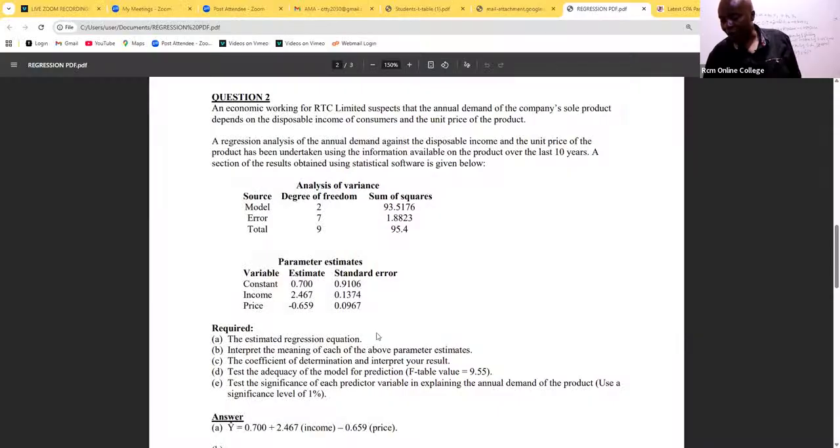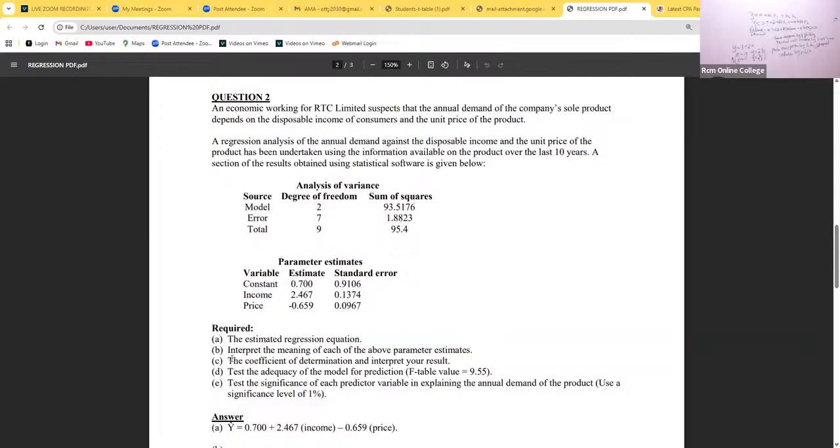They wanted us to interpret the meaning of each of the above parameter estimates. So 0.7 is constant demand, demand which is guaranteed. If the income is 0 and the price is 0, the demand will stand at 0.7. What about this 2.467 gradient for income? When the income increases by 1 shilling, the demand goes up.